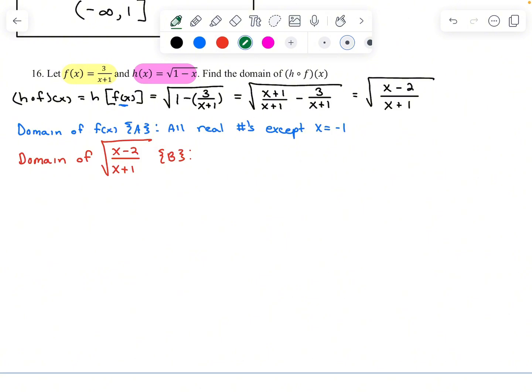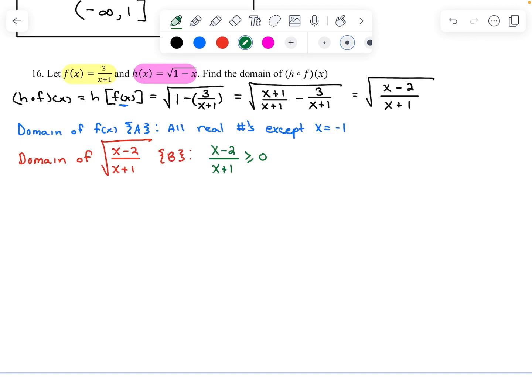Okay, so this one's a little more tricky than the domain of f. So I'm going to start with the fact that this is a square root function. And when you have a square root function, that means x minus 2 divided by x plus 1 must be greater than or equal to 0. All right, so when dividing two numbers, there's two ways to get a positive answer.